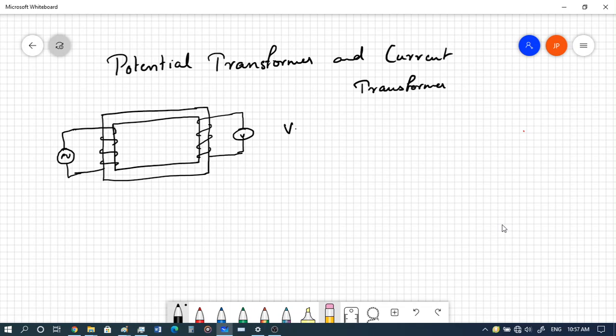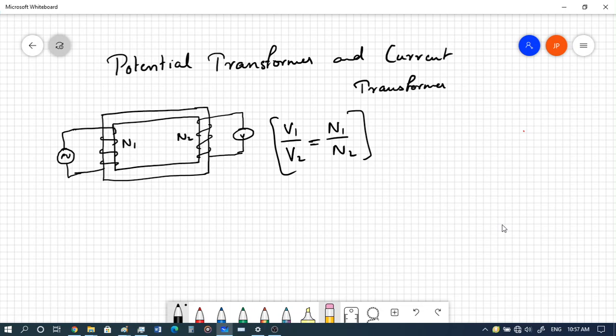V1 by V2 will depend upon the number of turns of the primary and the secondary, N1, N2. So V1 by V2 will be equal to N1 by N2. We all know these expressions. I think we have studied them in 12th grade as well as in your basic electrical course. So V1 by V2 equal to N1 by N2 is the turns ratio or the voltage transformation ratio.